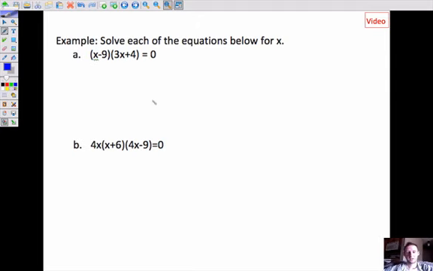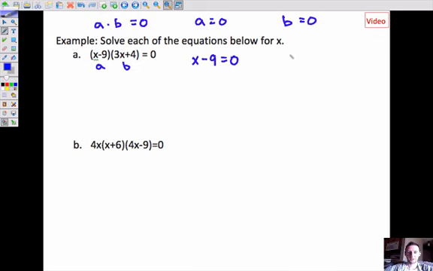So, example: solve each of these equations below for x. Zero product property says if a times b equals 0, then either a equals 0 or b equals 0. So if we're solving this, we can call this our a and this our b. Part 1 is if x minus 9 equals 0.